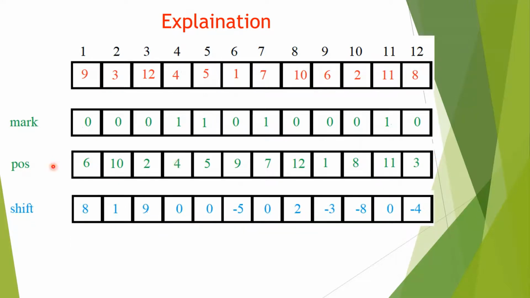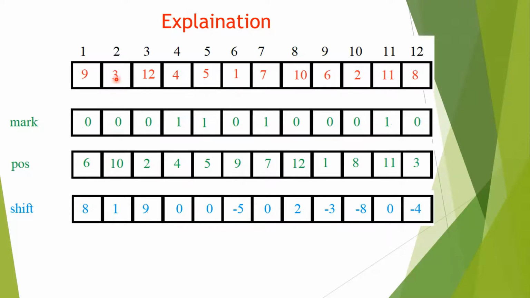Another array, shift, has been declared to get how far the current element is from its destination. So we see that 9 is at index 1 and should be placed at the 9th index. So 9 minus 1 is 8. It has to be placed 8 blocks away from its current position.